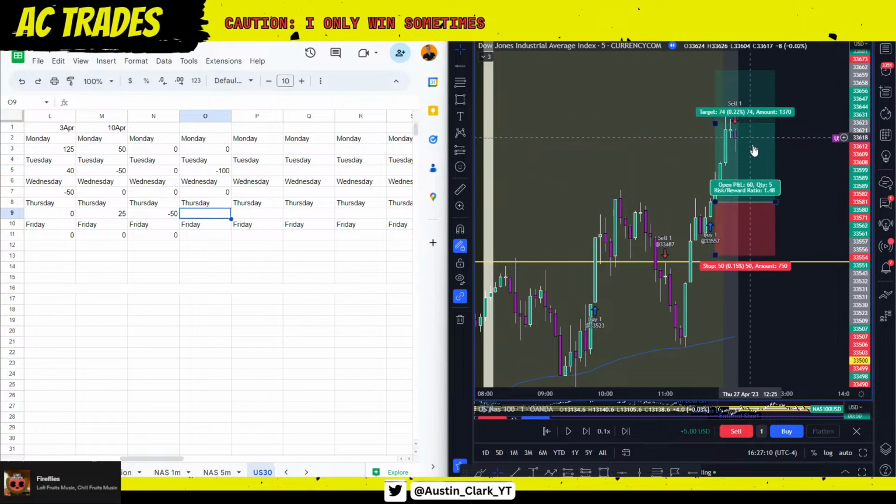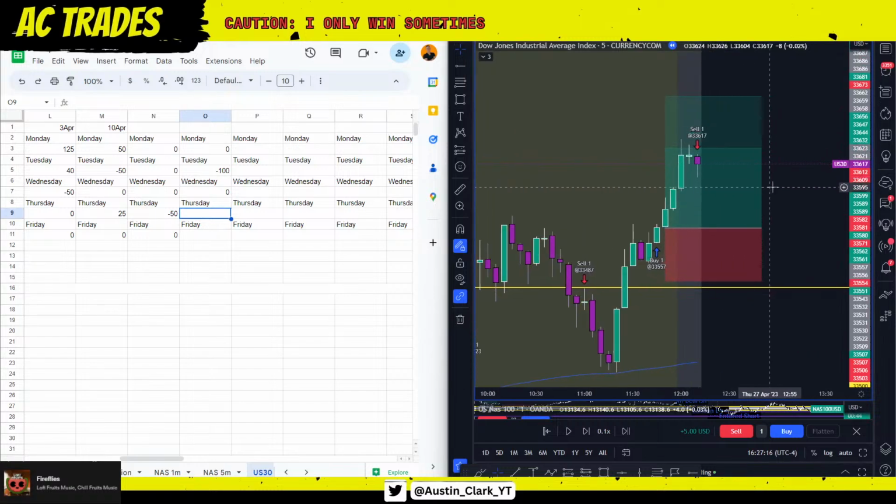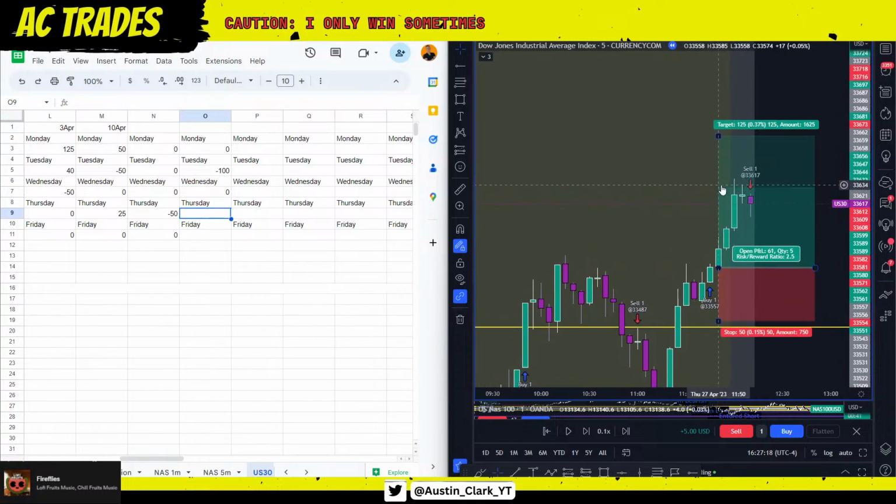So this would have been profit because my 75 was right here. Price crossed up. I would have instantly put my stop loss there, came back down, hit it. So I would have got 75 for that Thursday, and I'd be done for the day.